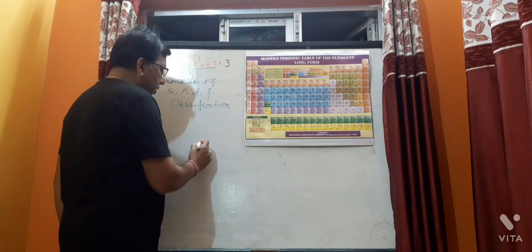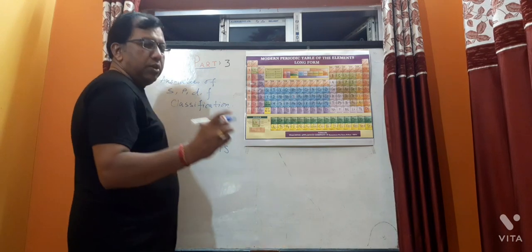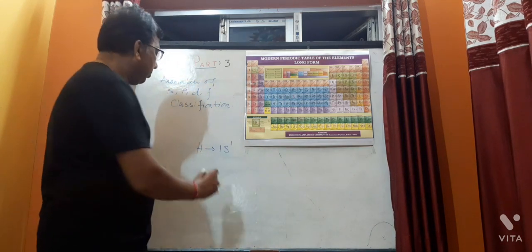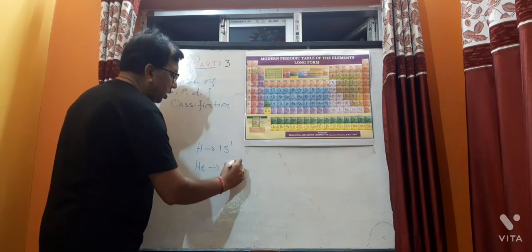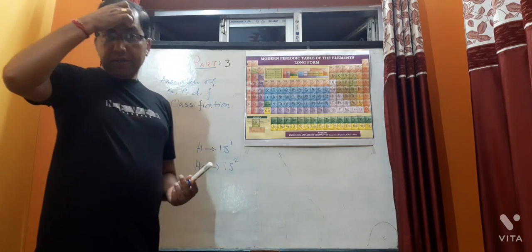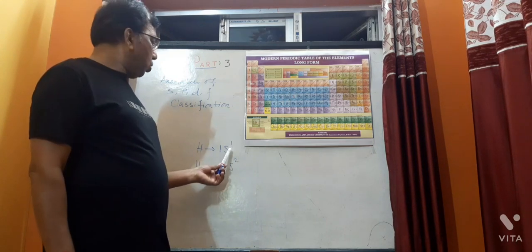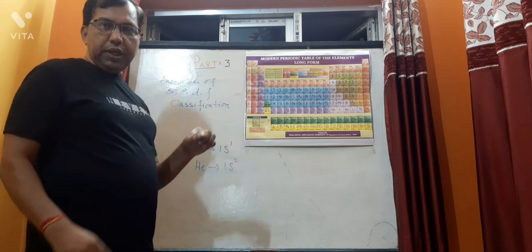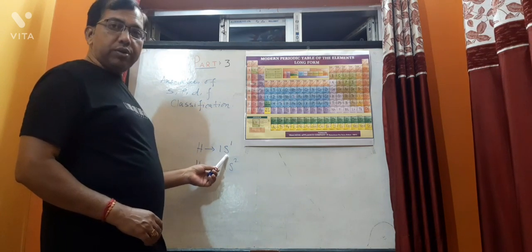Hydrogen's electronic configuration is 1s1, and helium is 1s2. So for both elements, the electrons are in the outermost shell, and hydrogen and helium both should be kept in the S block, since the last electron goes to the S orbital.